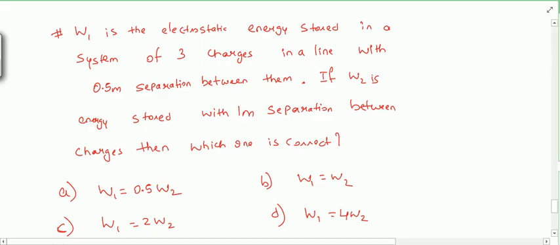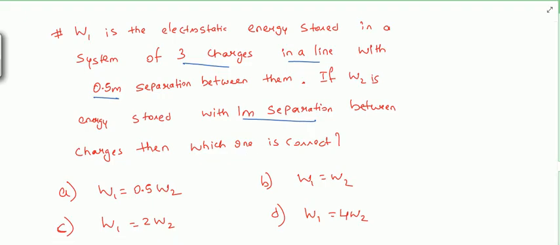Now let us see one question here. It says W1 is the electrostatic energy stored in a system of three charges in a line with 0.5 meter separation between them. If W2 is the energy stored with 1 meter separation between the charges, then which one of the following is correct?